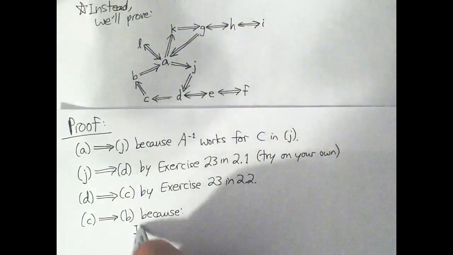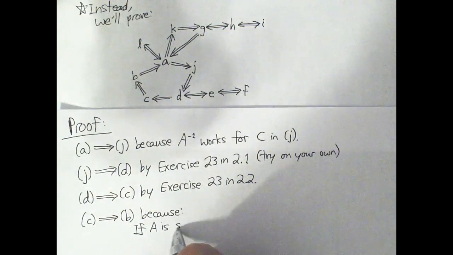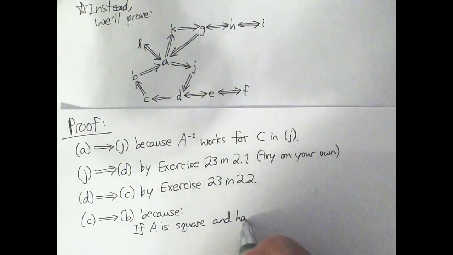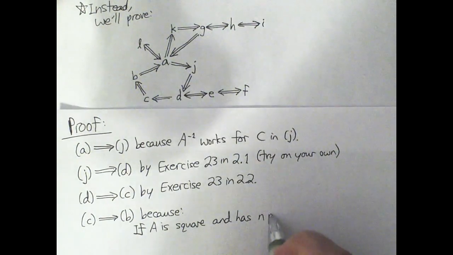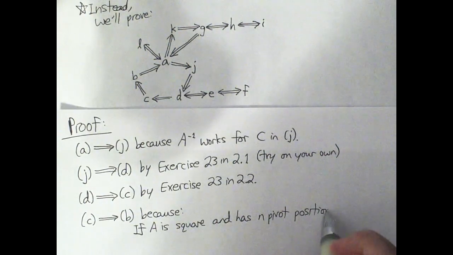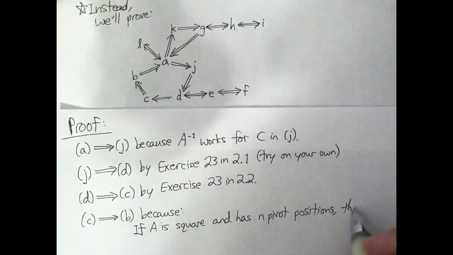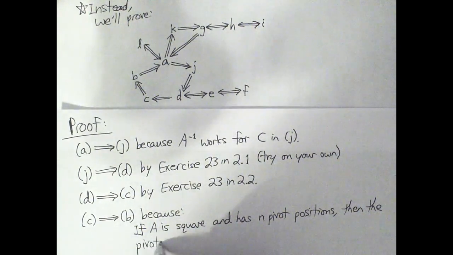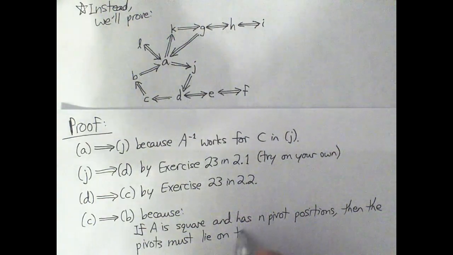So I'm going to say because if A is square and has n pivot positions, then the pivots must lie on the main diagonal.